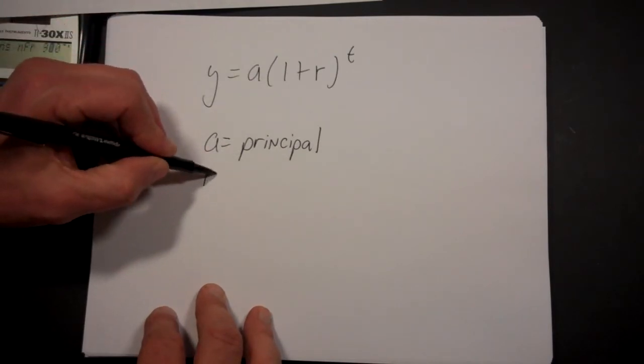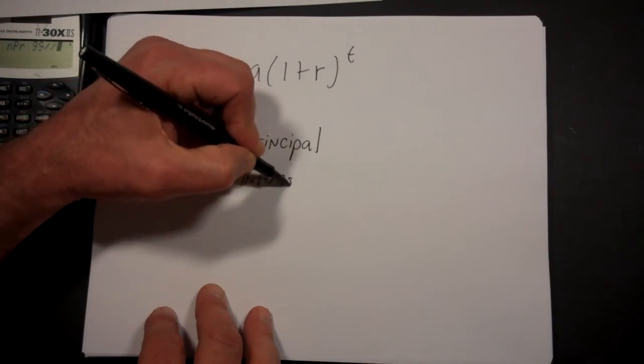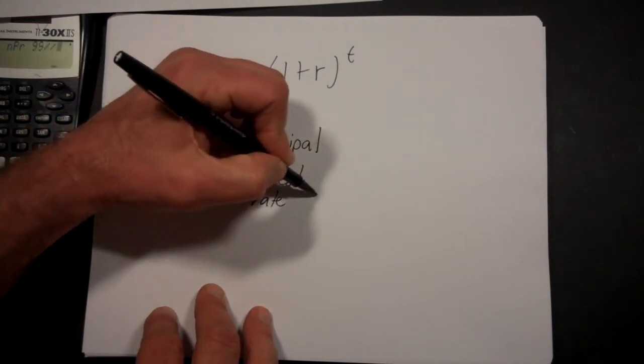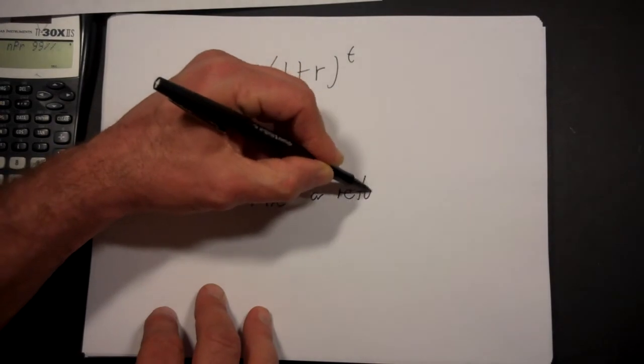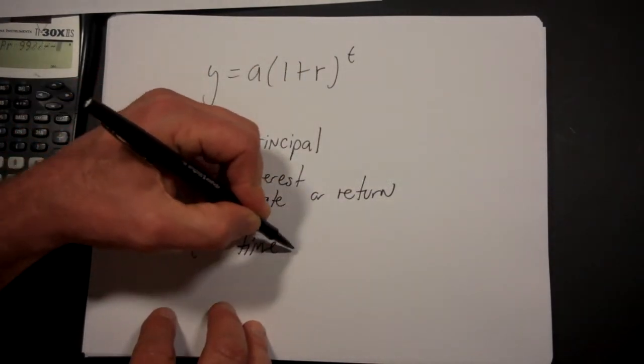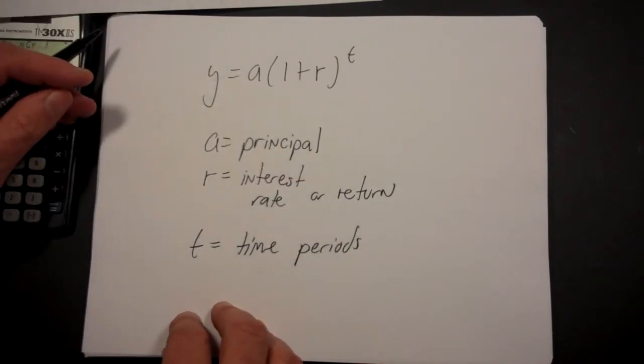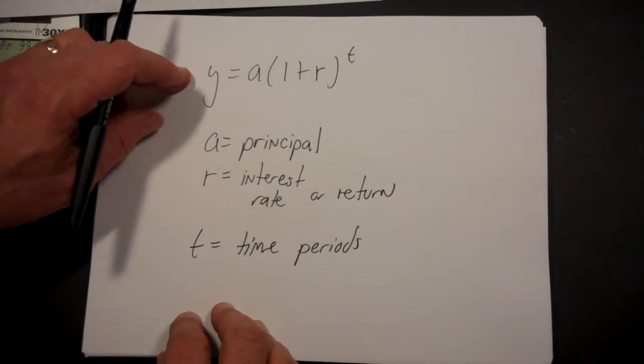And R is the growth rate, but it's often called the interest rate or the return. And of course T is the time periods. Usually it's per year, but it doesn't have to be. And Y is what you end up with.